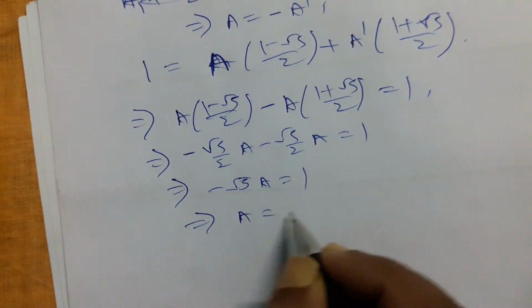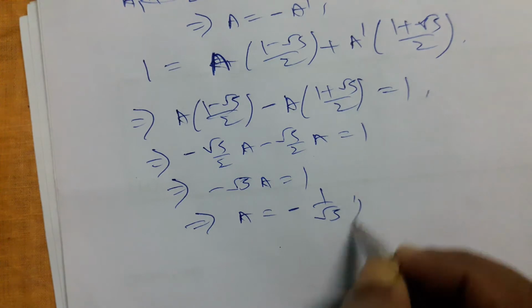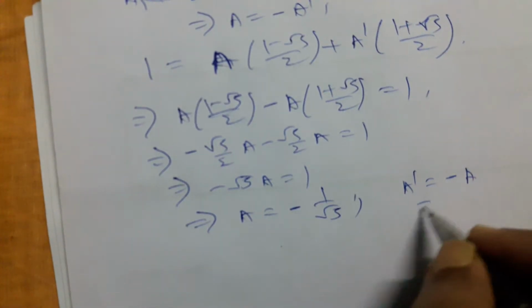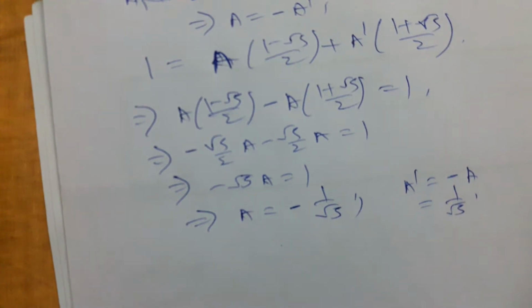So we finally find a equals minus 1 by root 5, and clearly a' equals 1 by root 5.